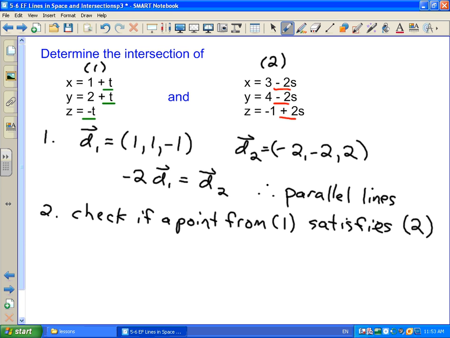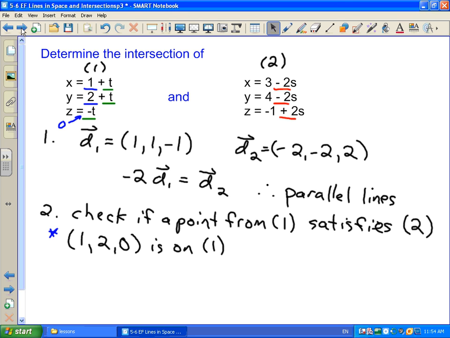So what are the coordinates of a point that is on line 1? Well, we're going to use 1, 2, and 0. It's on line 1, okay? And that just comes from our parametric equation. Here, here, and, well, there's a 0 in there. Okay?